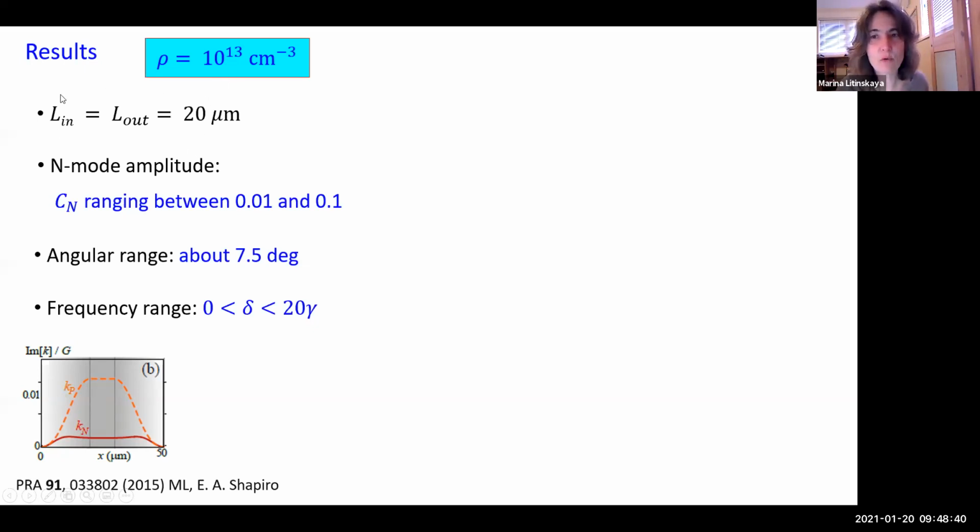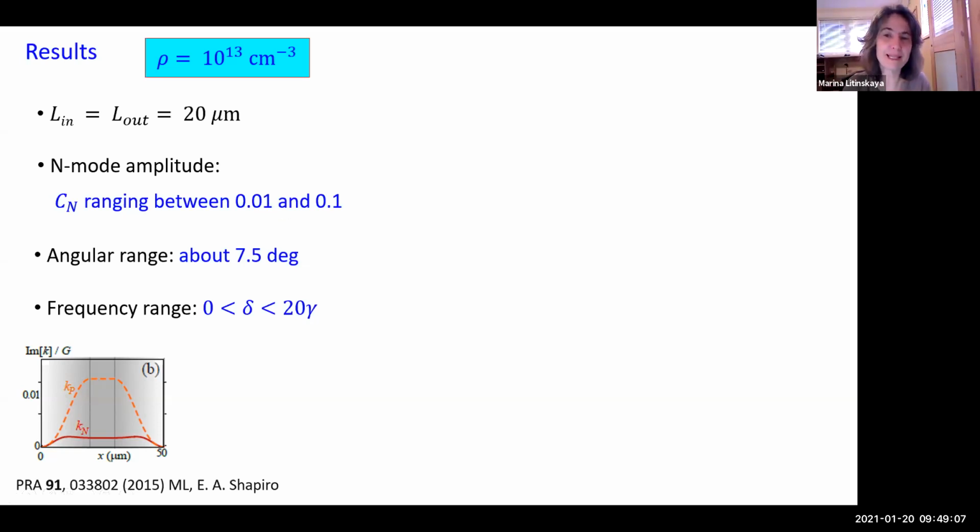This is the size of the entrance and exit region, about 20 microns, which also works. So in a relatively wide angular range, we can produce a population of the N mode, with its amplitude ranging between 0 and 0.1, which is not too much, but it's okay.